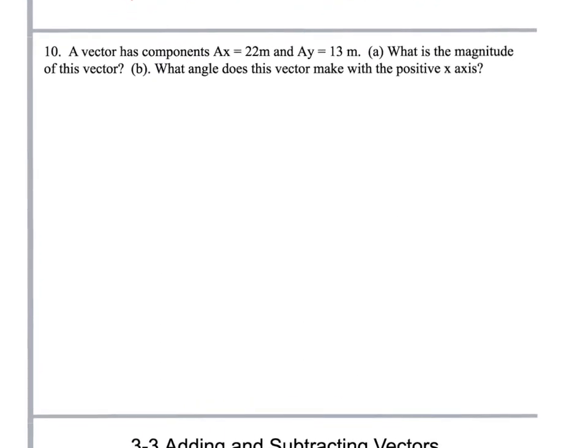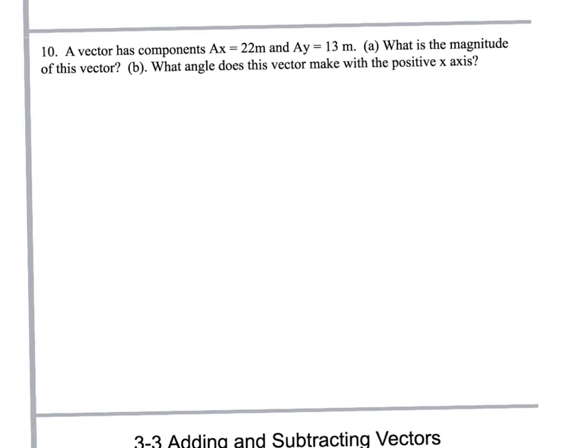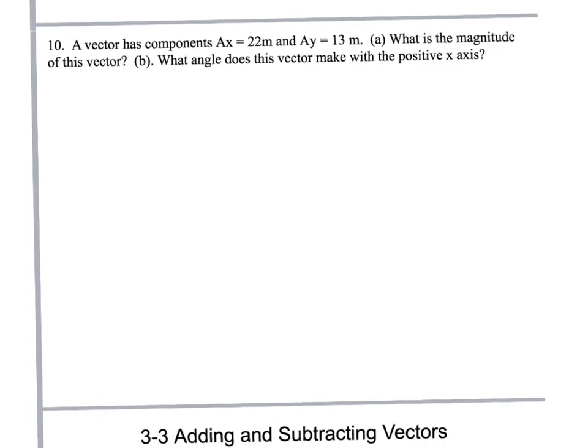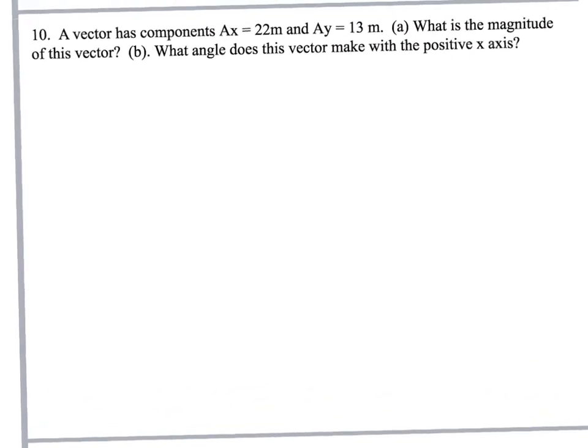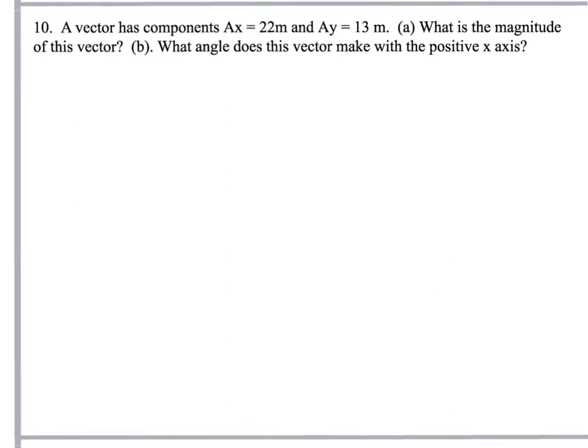So we have a vector that has components a sub x and a sub y. We want to draw our coordinate system again, positive x and positive y.